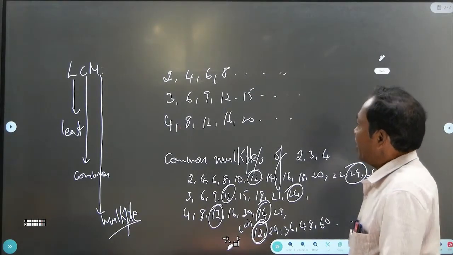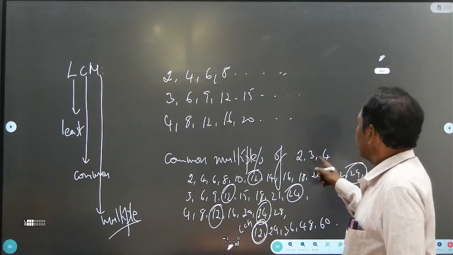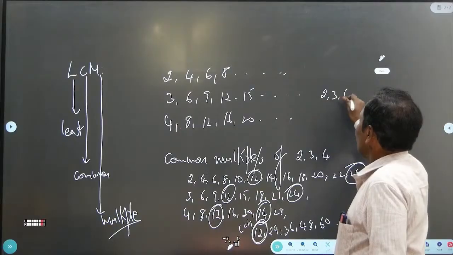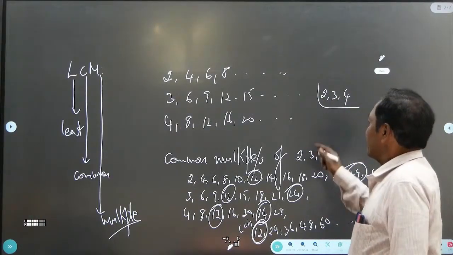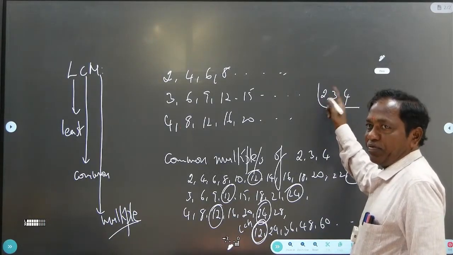Now, LCM of 2, 3, 4. We put it like this. This is the method. We can say 2 and 4 can be common multiples of 2.